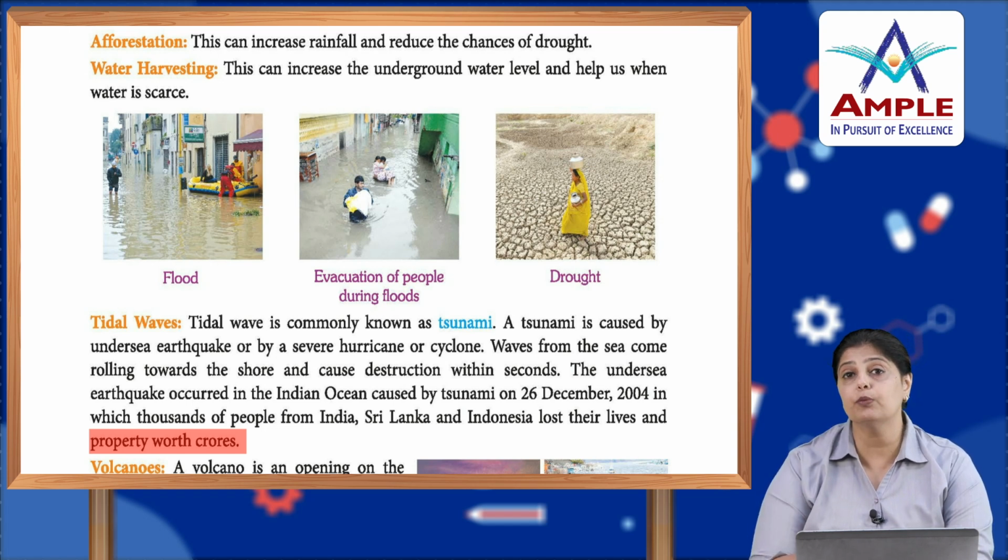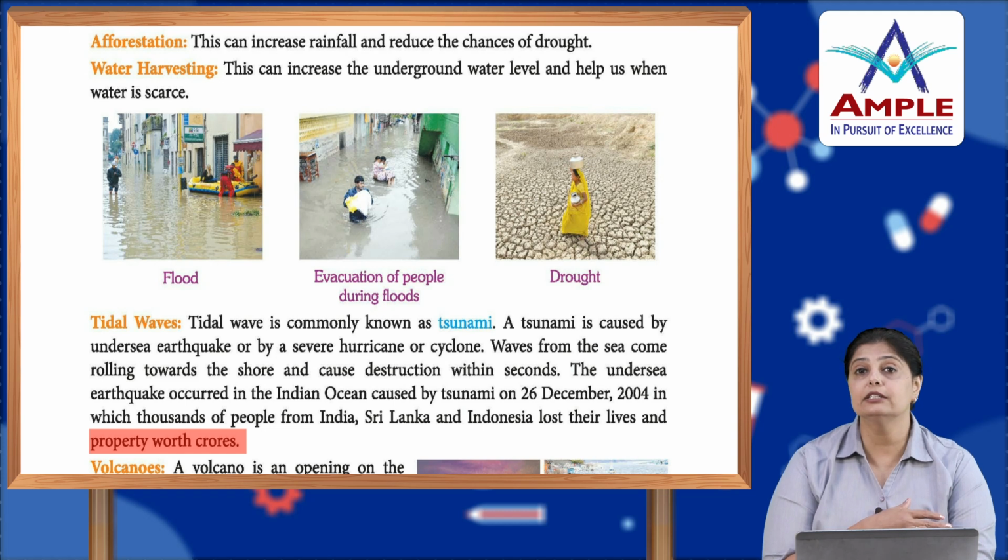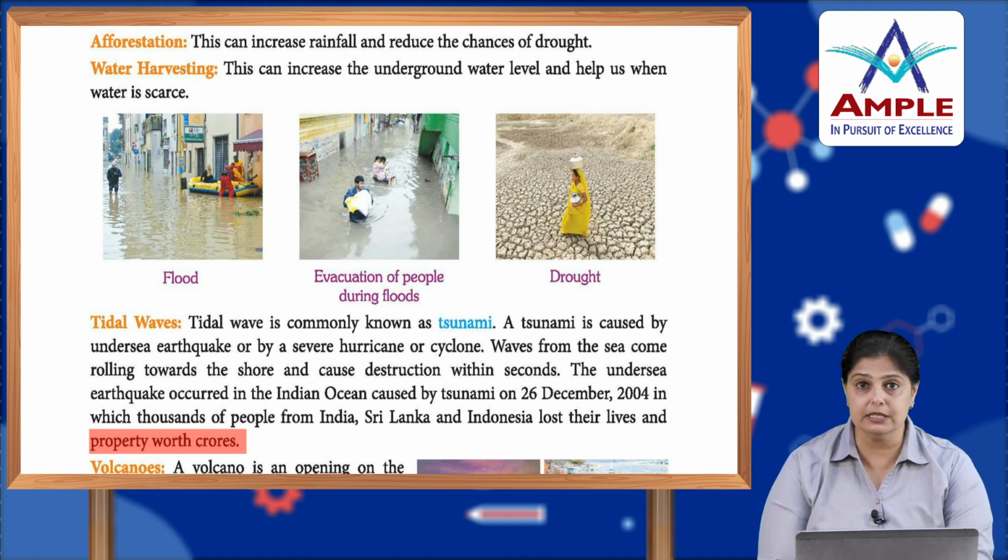Everything can get destroyed because of tsunamis. One such tsunami occurred in the Indian Ocean in 2004, where lots of people died or were injured, and many people suffered a lot of losses.